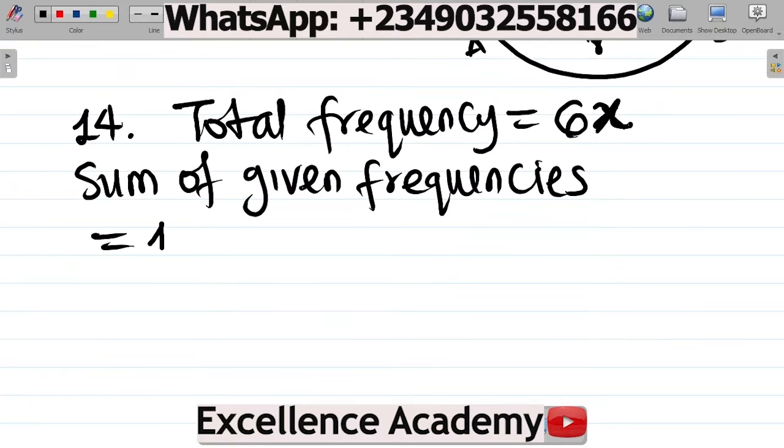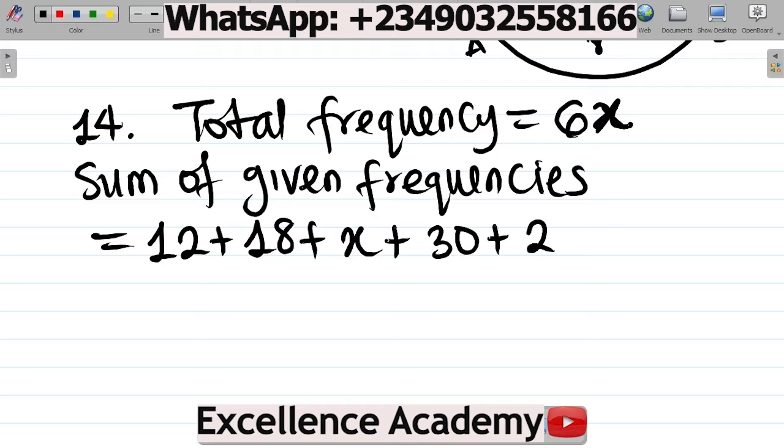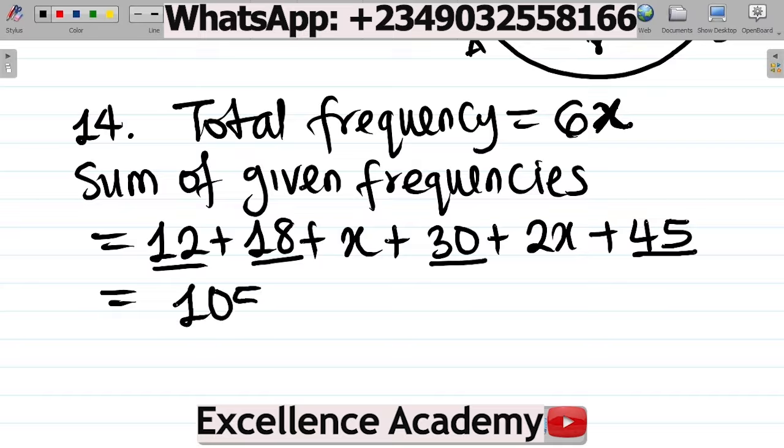If we sum this, it will be equal to 12 plus 18 plus 30 plus 45. That gives you 105 plus x plus 2x. That gives you 3x. All right.